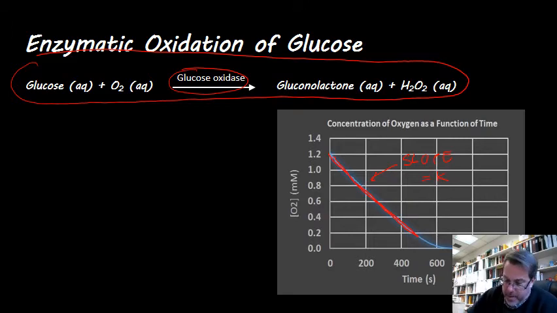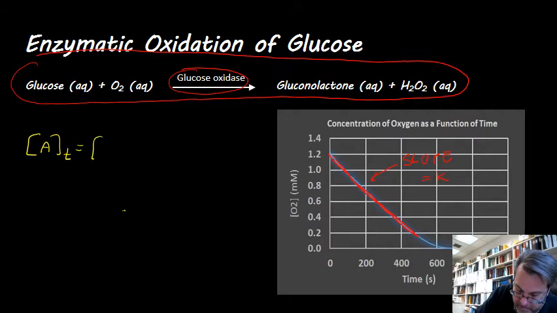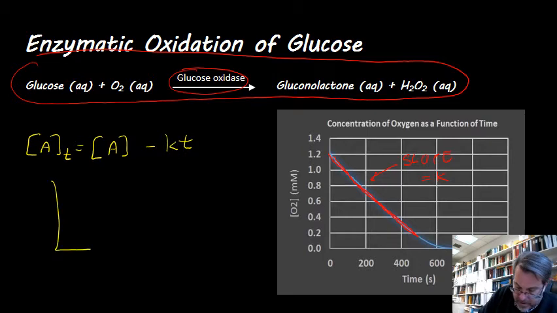What I wanted to point out with this is that if you have an equation that describes the concentration like this, that's going to give you a straight line with a negative slope, right?